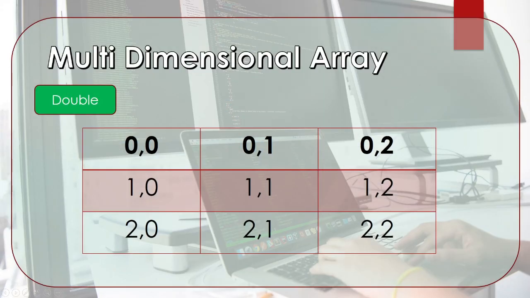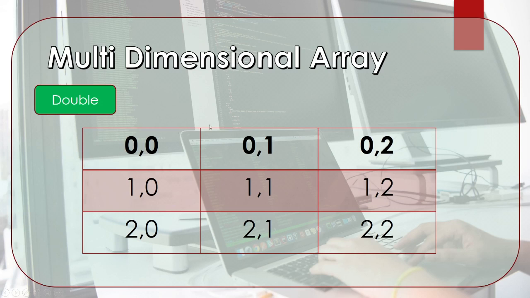So in understanding multidimensional arrays, as in a regular array, we looked at an index starting at 0 and going up 1, 2, 3, 4, 5 to whatever number that we set it at. In a multidimensional array, we are actually setting up two different arrays here. The arrays go 0, 1, 2, and then also comma 0, comma 1, comma 2.